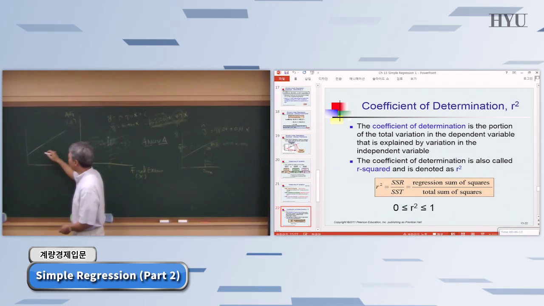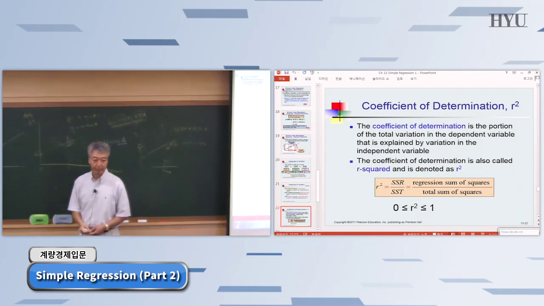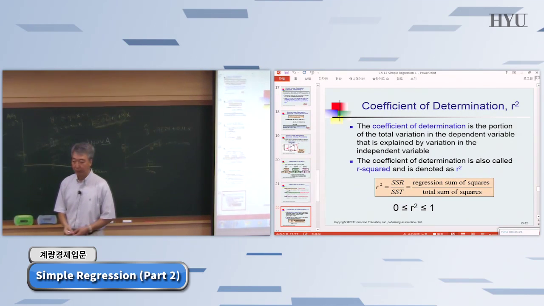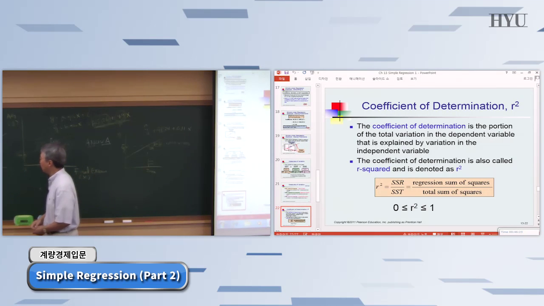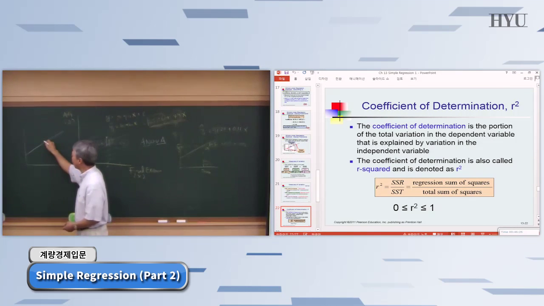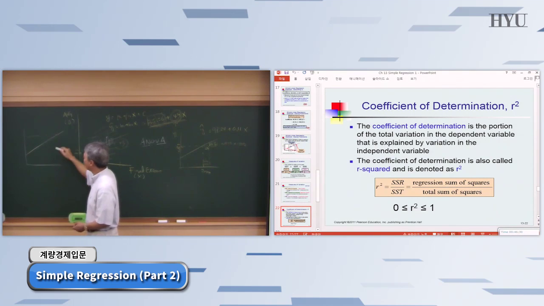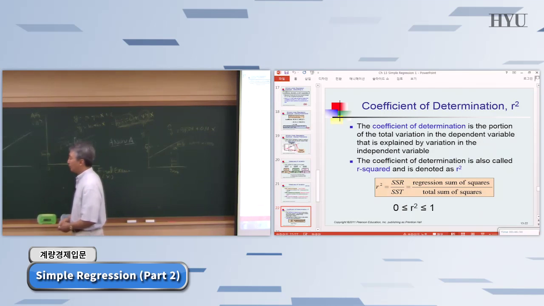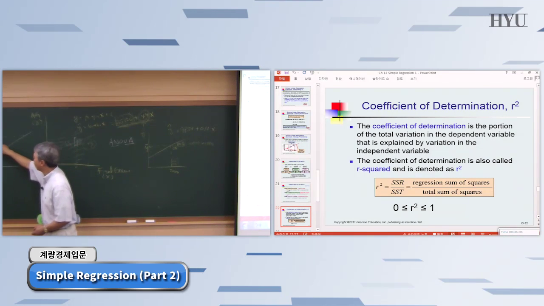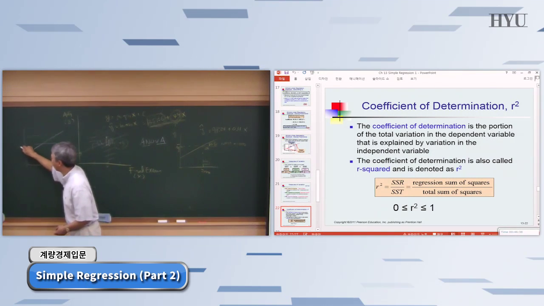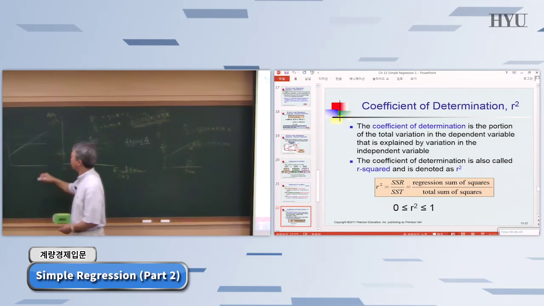If the data points are scattered right around the regression line, not much variation, then the total variation is the variation of the y values. Let's say this is y bar. You pick any point here, let's say this point.